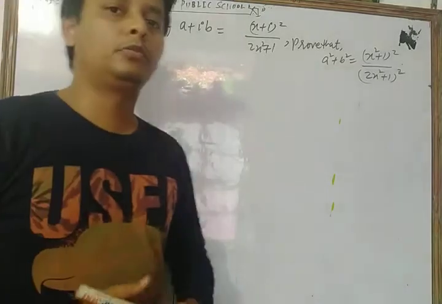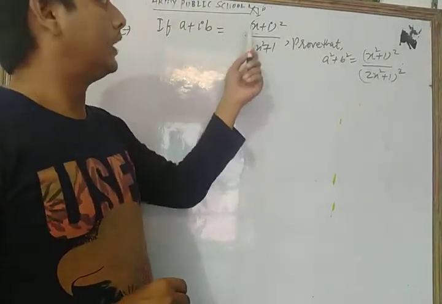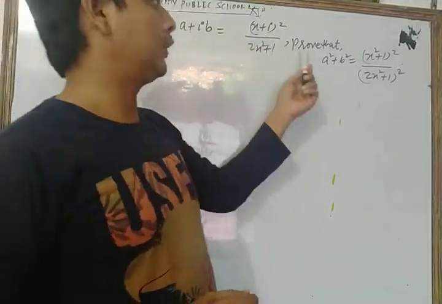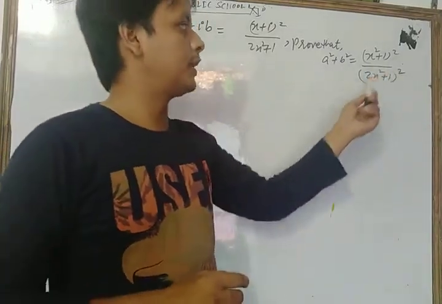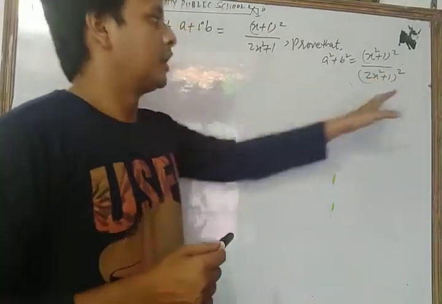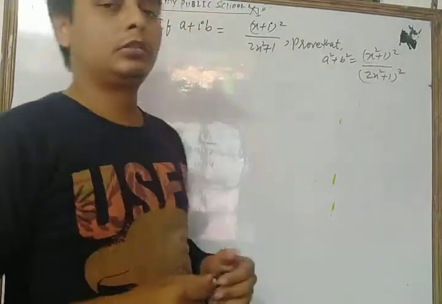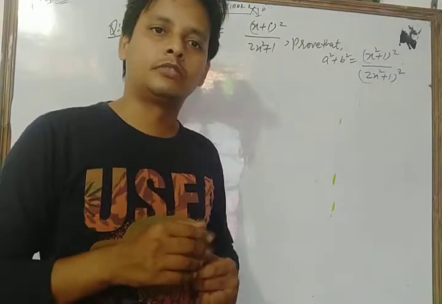Dear students, we have to prove that a + ib is equal to (x + i)² upon 2x² + 1. We have to show that a² + b² is equal to (x² + 1)² upon (2x² + 1)². Now dear students, in proving these questions, we follow the method of previous questions.